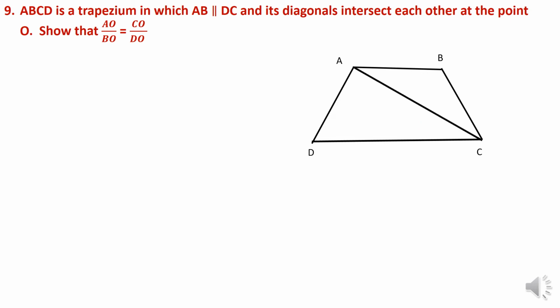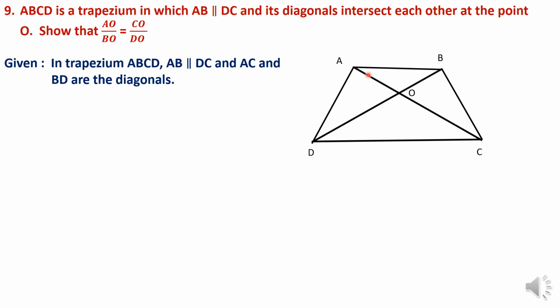Let its diagonals AC and DB intersect at the point O. To prove that the ratio AO upon BO is equal to CO upon DO.